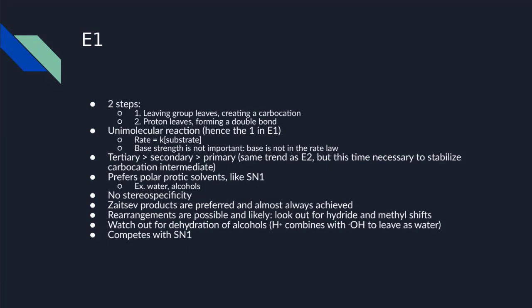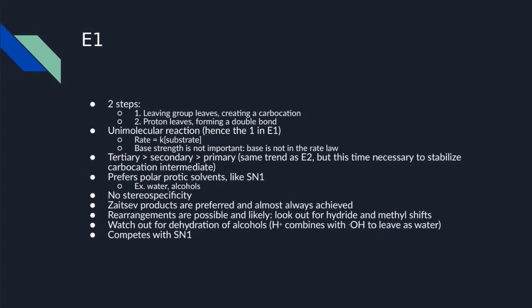The same thing is true for E1. We can have hydride shifts and methyl shifts. I don't think you see ring expansion necessarily as often with eliminations, but it probably can still happen. And then you watch out for dehydration of alcohols, where a proton would combine with a hydroxide to leave as water.